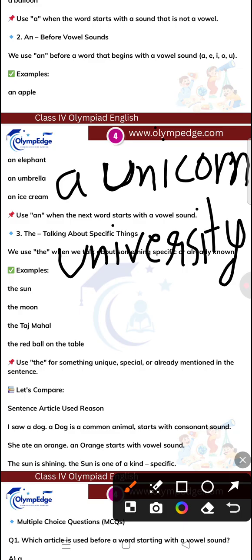Again, the word university is starting with the letter U, and also the pronunciation is starting with U. So please remember, students, any word that starts with the letter U and the pronunciation is also starting with U, then we do not write an. Even though U is a vowel, we don't write an, we write a university.